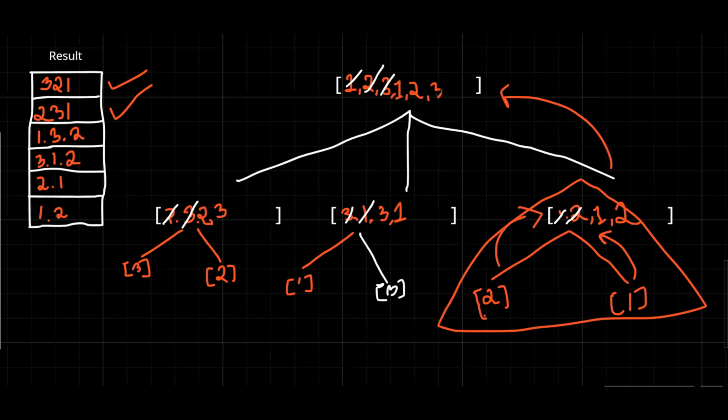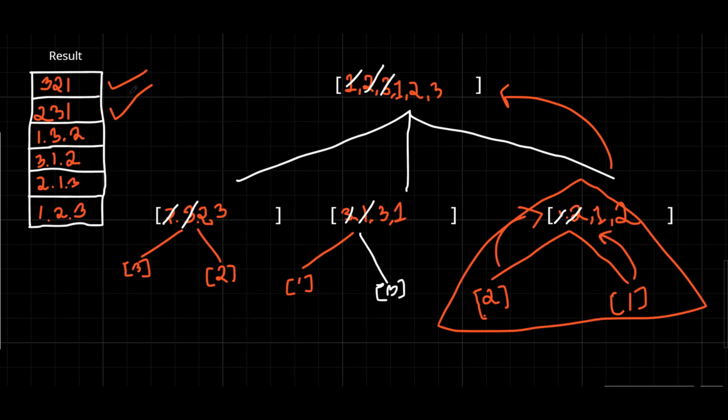We have to append the value 3 at the last of the vector. So we are appending 3 here and here as well. Now we have seen that we have found 6 permutations of the vector containing 3 elements, which are 1, 2, and 3. I hope you understood the working procedure of this decision tree or this backtracking algorithm.